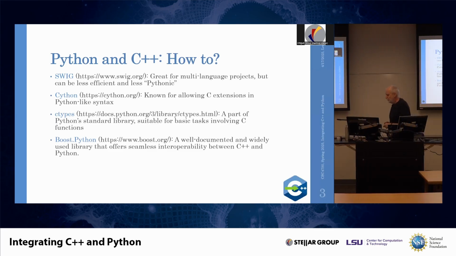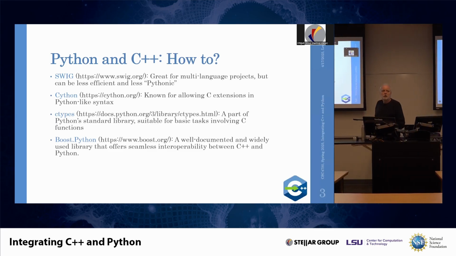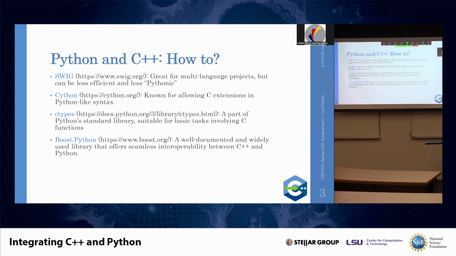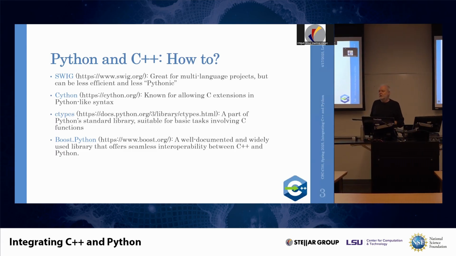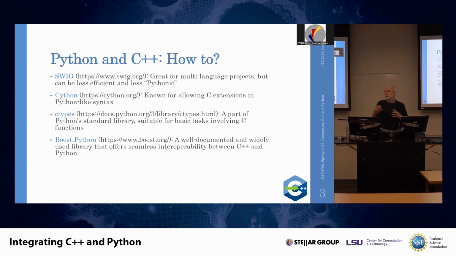Boost Python is the first step in the right direction, early 2000s. It was developed back then in the context of the Boost project. This is a C++ library that actually binds C++ code to Python.